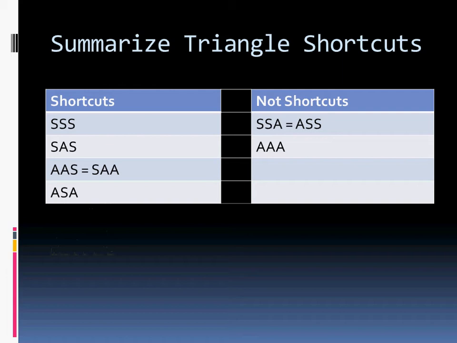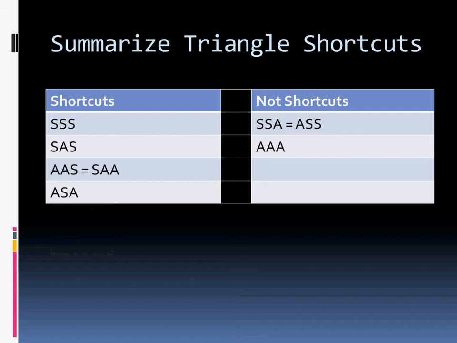Now, when I memorize which are triangle shortcuts and which are not, I just memorize the ones which are not. I know that AAA is not, because when I have 3 angles congruent, it doesn't tell me anything about the side length, so I can have really big sides or I can have really small sides. You get a mama and a baby, and that's not a congruency.